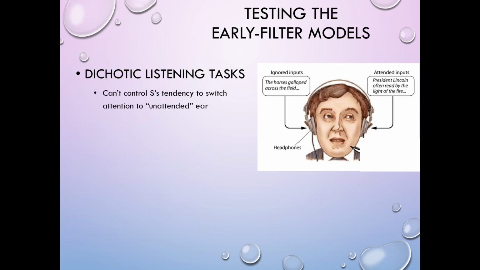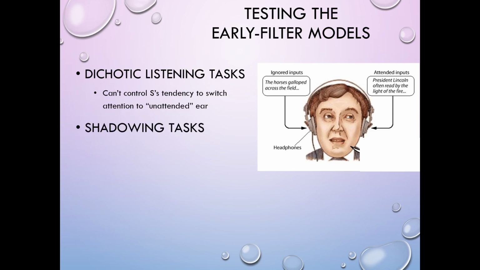What they found through these dichotic listening tasks is that you really can't control the subject's tendency to switch their attention to what was supposed to be their unintended ear. They would have incomplete knowledge of what had happened in the story on their left ear, and they would say, well, I was listening and they were talking about him reading by the fire, and then I know there was something about horses galloping, and then I wasn't paying attention to the Lincoln story anymore. Even though you told them, ignore it, their attention would get pulled.